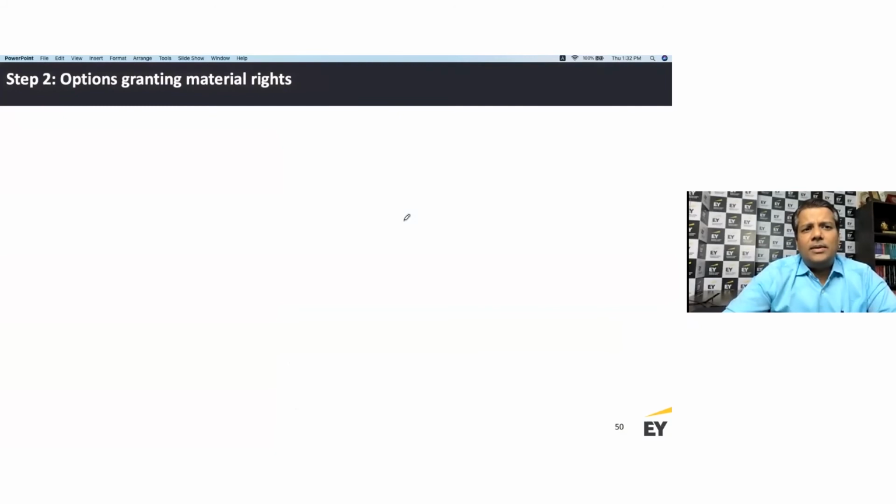Now let's talk about options which are granting material rights, right? And that's important. In many examples we see that many companies run promotion schemes, right? That if you were to buy goods worth 2,000 rupees now, you are entitled to a discount of 500 rupees for a purchase you may do in, let's say, the month of January.